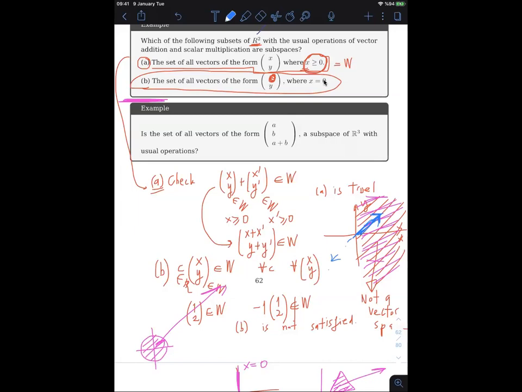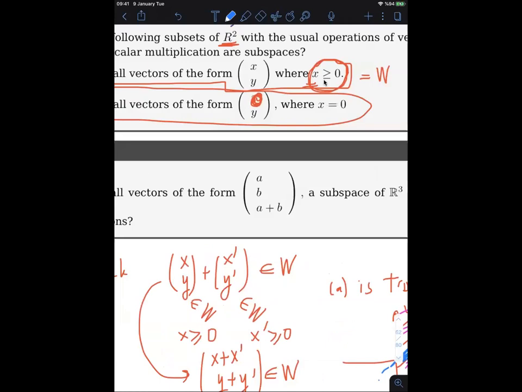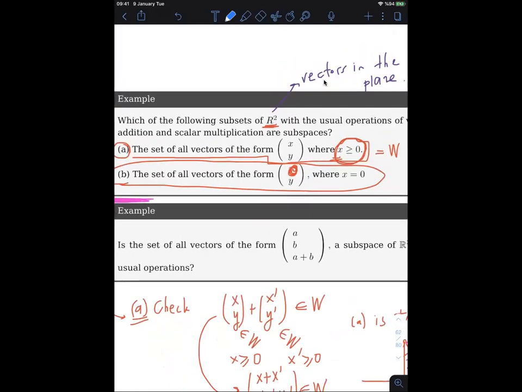And then we look at this example: the set of all vectors whose first component is 0 and the second component is any number. It turns out that this is a subspace, because if you add such vectors whose first component is 0, the result will have first component 0, so it will be in the same set.